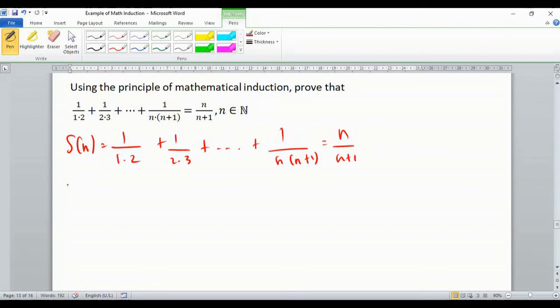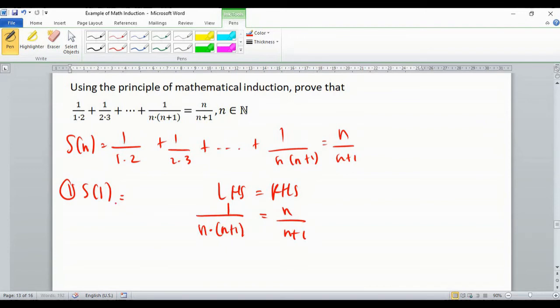For the first step, you need to find S(1) first. So I just take the left-hand side equal to the right-hand side. It should be equal.